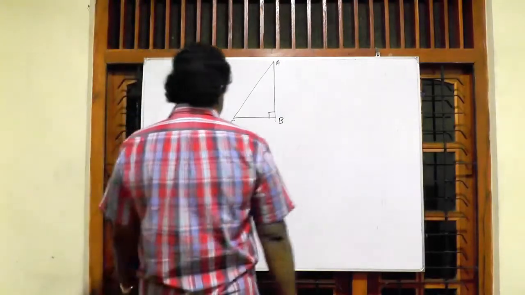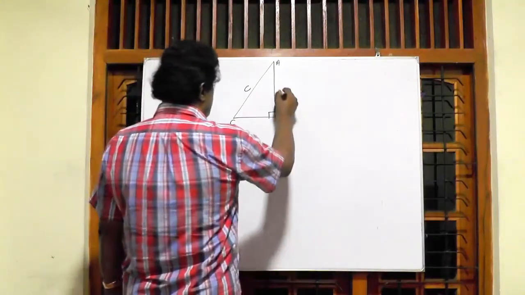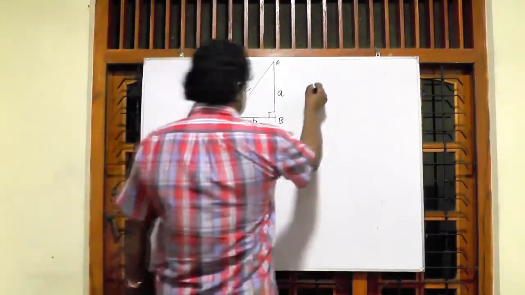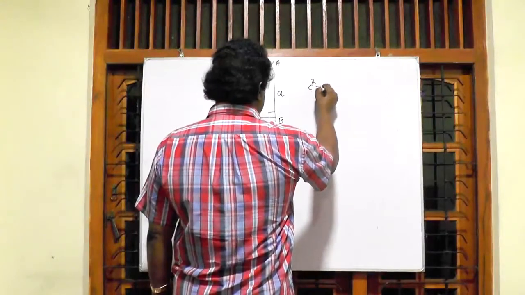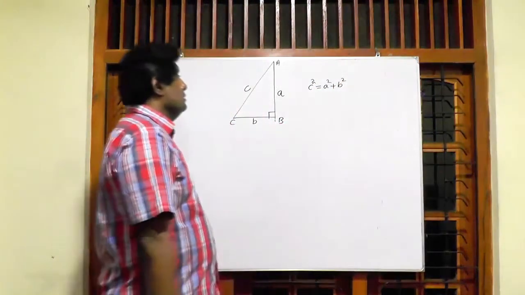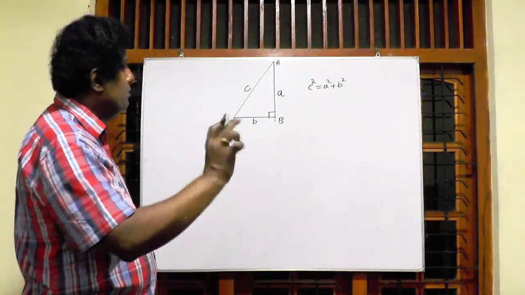Then, if the length of AC is C, AB is A and BC is B, C squared equals A squared plus B squared, which satisfies the Pythagoras relation.